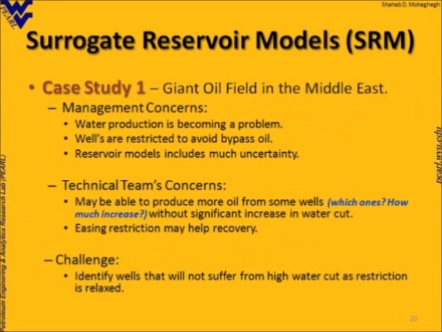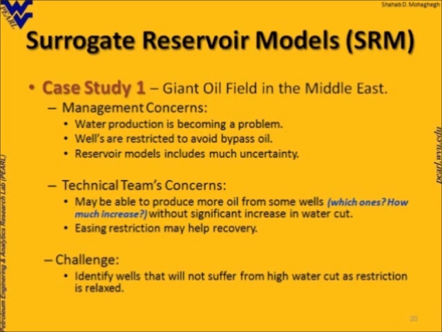It's a giant oil field in the Middle East. The concern was the water production was becoming a problem. Wells are restricted in terms of their production in order to avoid bypass oil and early breakthrough. And the reservoir model includes a lot of uncertainty like any other reservoir model.